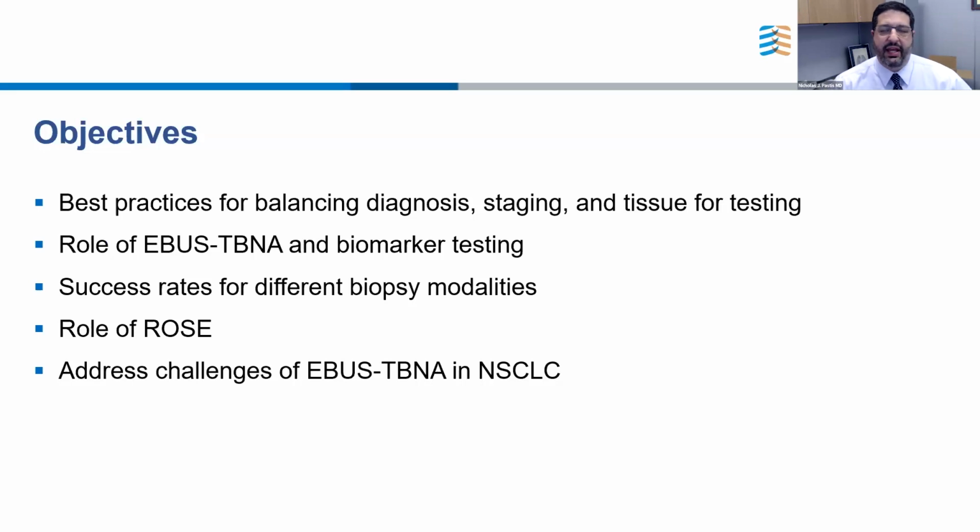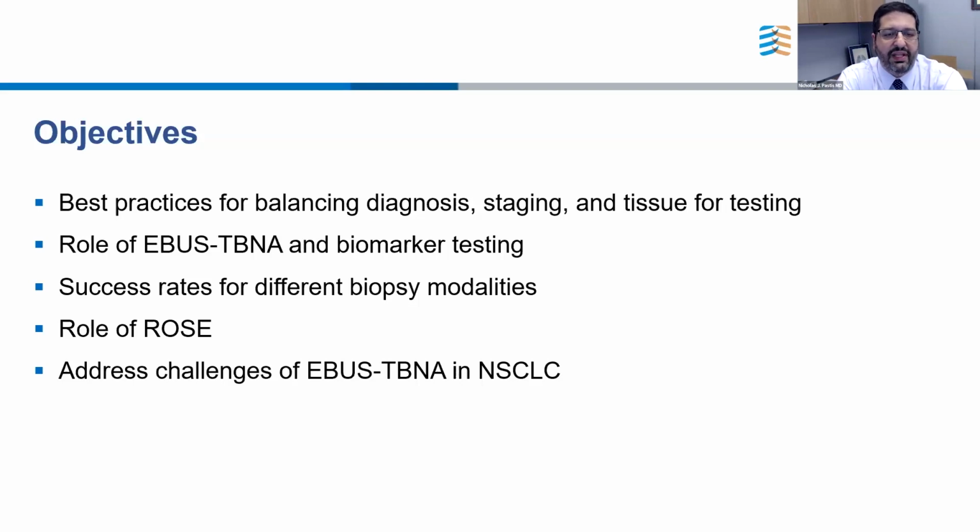So why are we here today? We're going to talk about a few major aspects of EBUS, in particular as it relates to biomarker testing. We're going to go over some of the best practices, a little bit of a work in progress, a moving target, and those practices have to balance diagnosis, staging, and getting enough tissue at the same time.